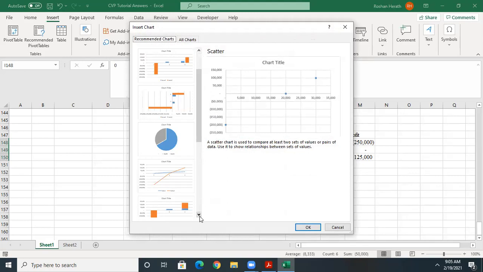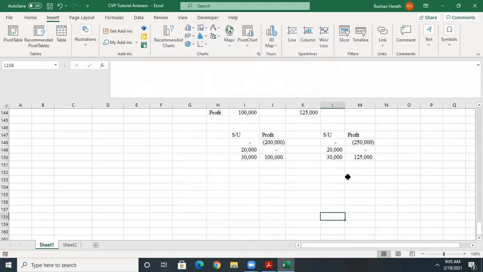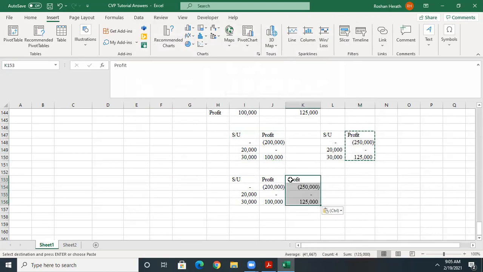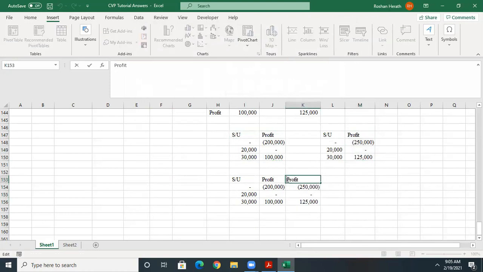Look at the graph. We could have taken all of them together, no? Under the graph, let me take this new profit scenario.